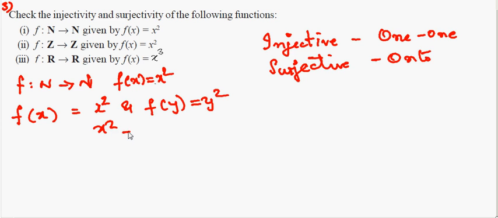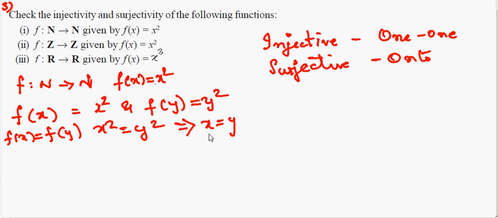So x square is equal to y square, and when I say f of x is equal to f of y, which implies x is equal to y. So you will get distinct images for distinct values of x.